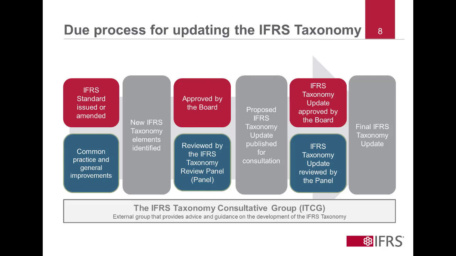This is done through the publication of a proposed taxonomy update. In addition, the IFRS Taxonomy Consultative Group provides technical advice and guidance on all updates to the IFRS taxonomy. The group consists of external experts with appropriate knowledge of accounting and taxonomies.